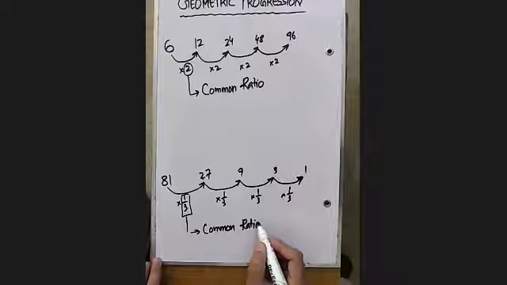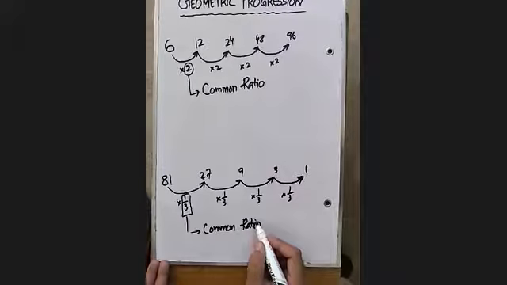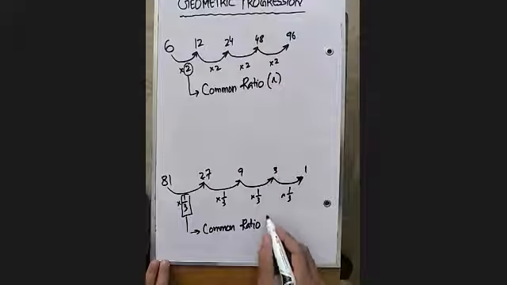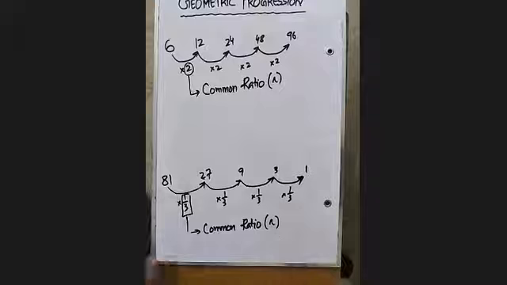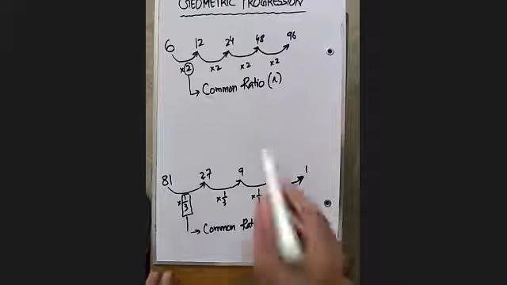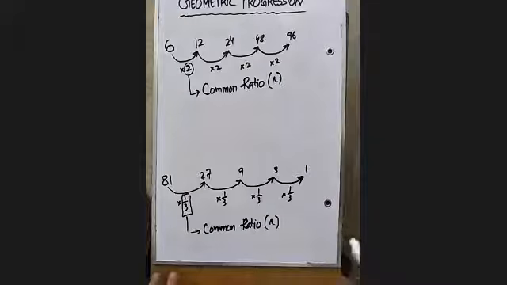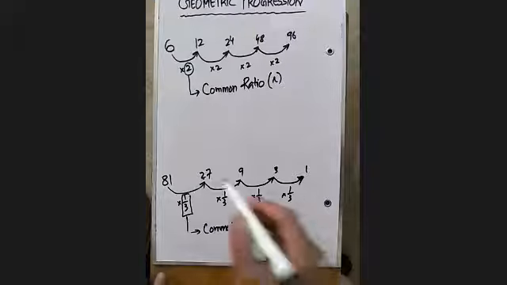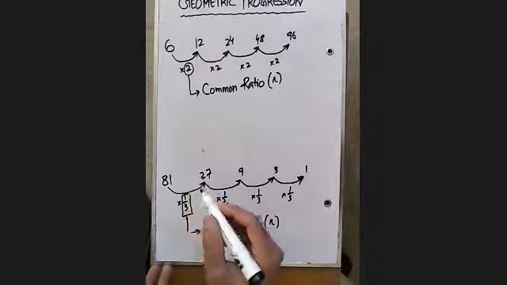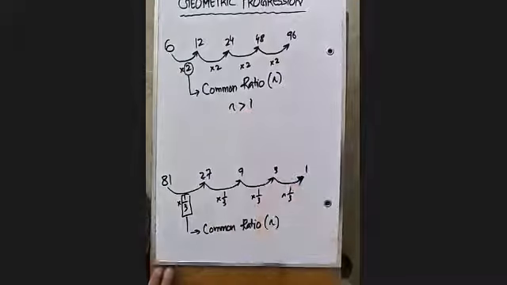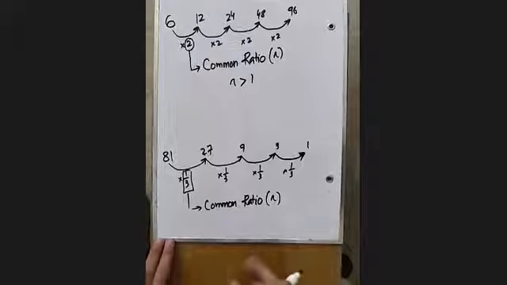For the common ratio we use a symbol, small r. In this sequence, we observe that it is an increasing geometric progression, and here the common ratio r is greater than 1. Common ratio r will be greater than 1 if it is an increasing progression.